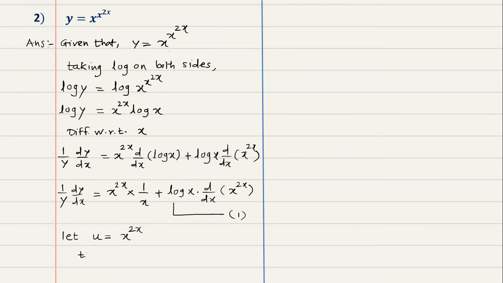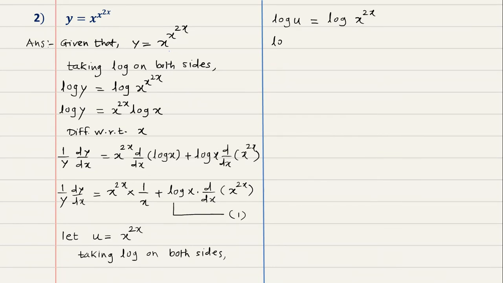So taking log on both sides, what will be the next step? You will get log u is equal to log of x raised to 2x.